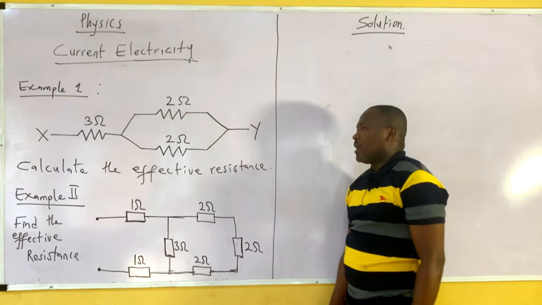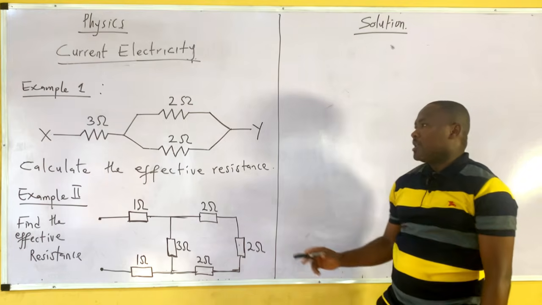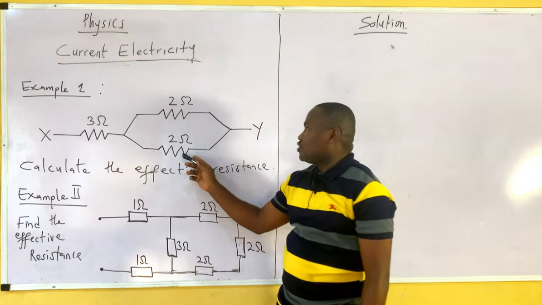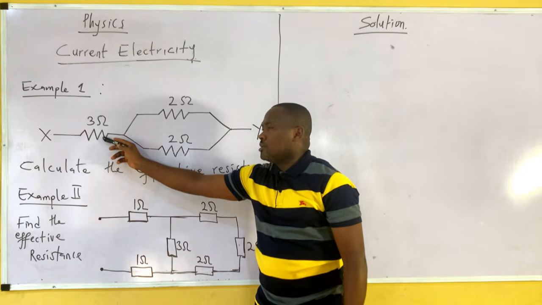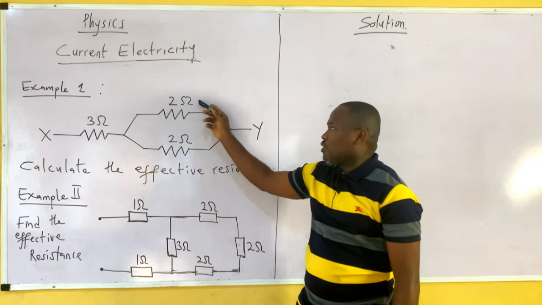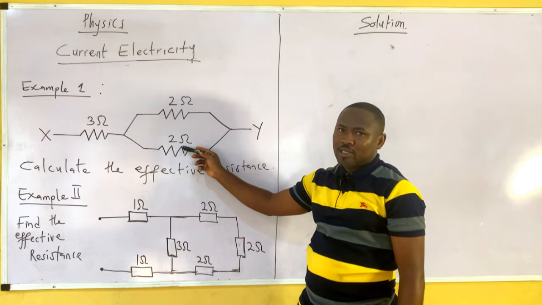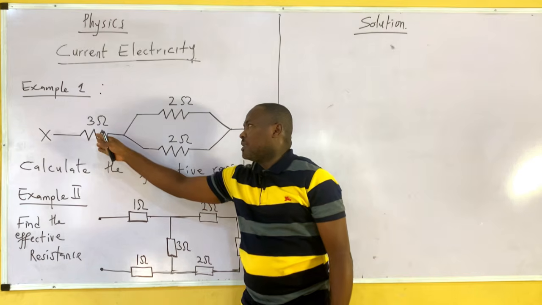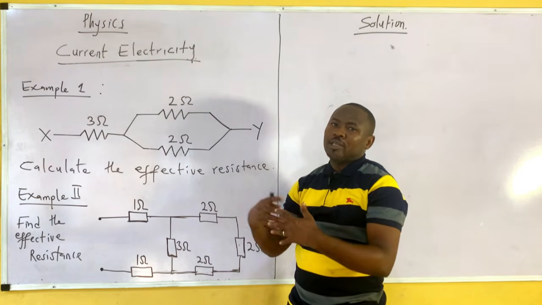Example 1: we are asked to calculate the total or effective resistance between X and Y. Now remember, these two are in parallel, connected to this. To solve this, I will first solve the parallel case, and then I will have a new circuit with 3 ohms, and the answer to these two in parallel now makes it become series.